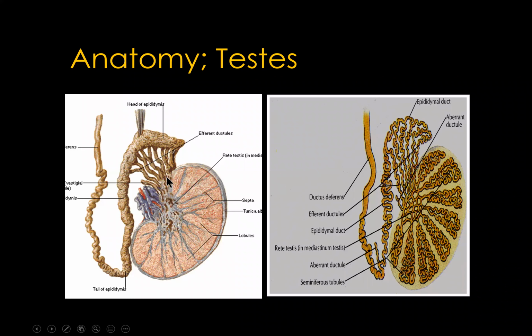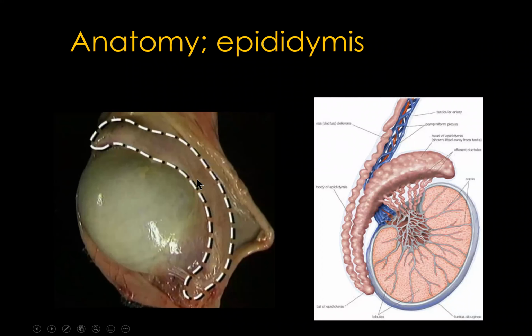There are 10 to 15 efferent ductules that emerge from the rete testis and convey seminal fluid from the testis into the head of the epididymis. The epididymis is this curved structure. It consists of head, body, and tail, measures 6 to 7 centimeters in length, and lies posterior to the testis. Here, the head contains the 10 to 15 efferent ductules coming from the rete testis.